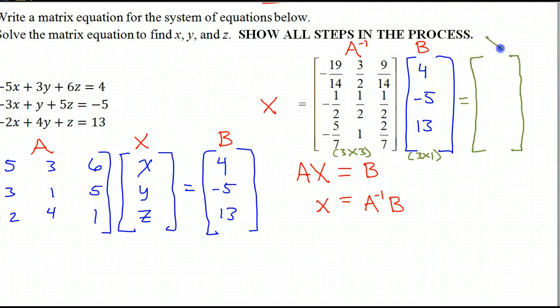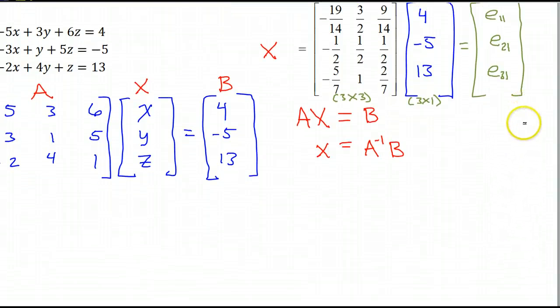This is going to be matrix X when it's done. This will be element 1, 1, this will be element 2, 1, because this is row 2, column 1. And this will be element 3, 1, row 3, column 1. So we just need to find these 3 elements, and then we're home free. Let's start with element 1, 1.